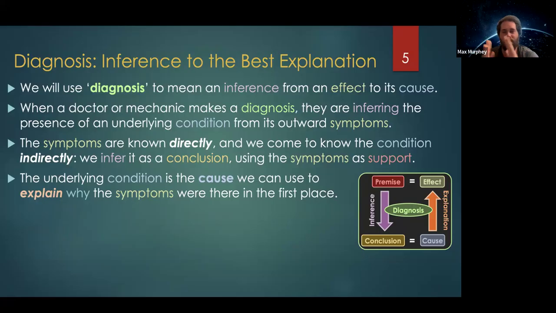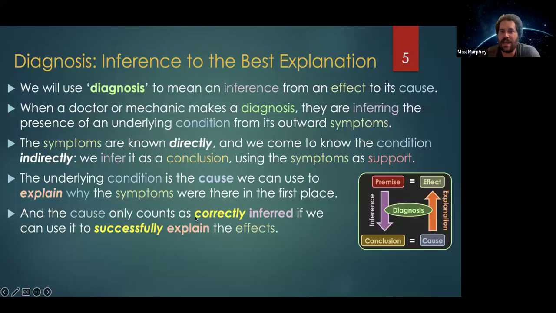Okay, now, of course, all of this stuff, just like anything we do, can be done better or worse. It can be done well or it can be done poorly. We've been evaluating arguments for some time now by saying how good the premises are at supporting the conclusion. We've been ranking rival conclusions to say which ones are more plausible, which ones are less plausible. So the same thing applies here.